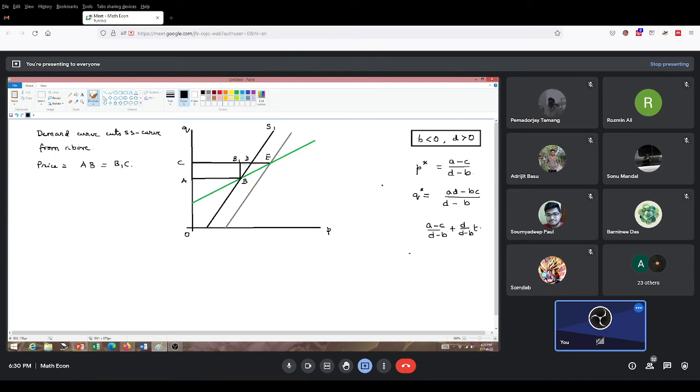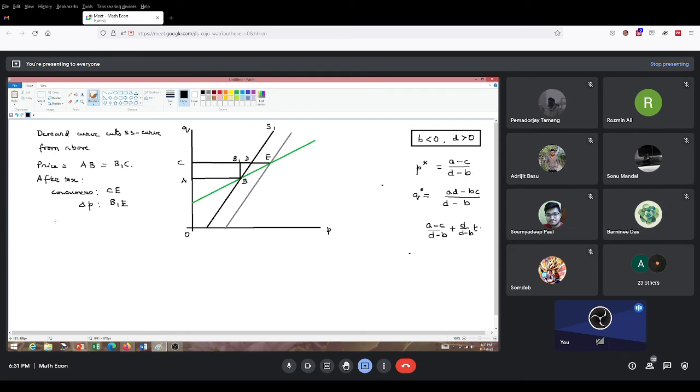Okay, what happens after we impose the tax? After the tax is imposed, consumers pay a price of how much? CE. So what is the price increase? It is B1E.